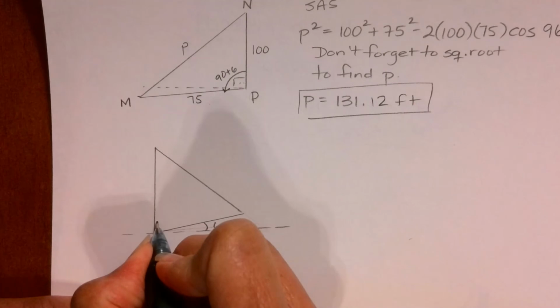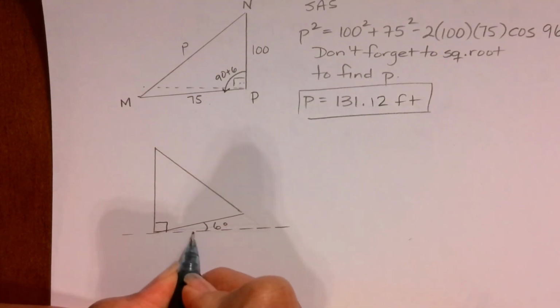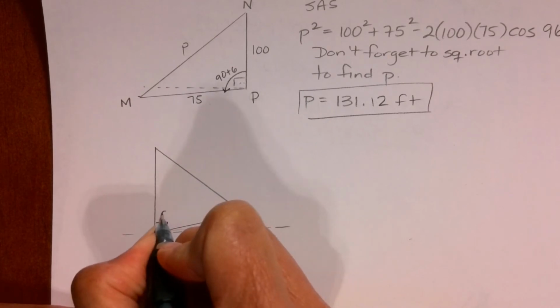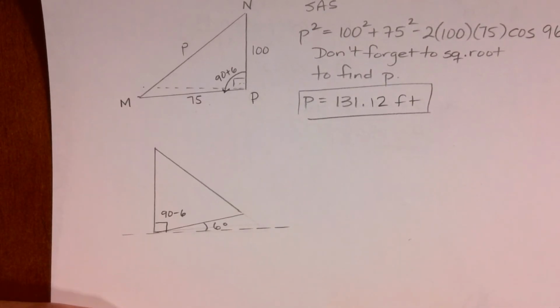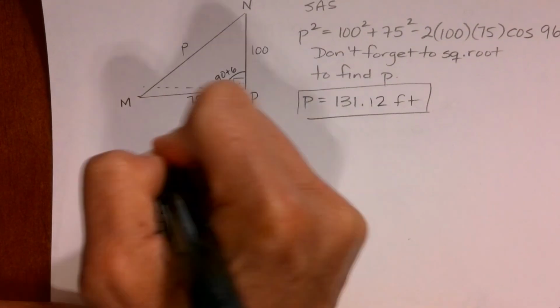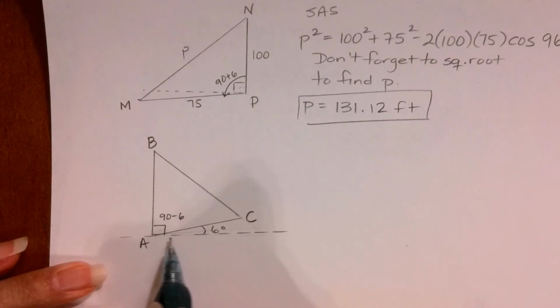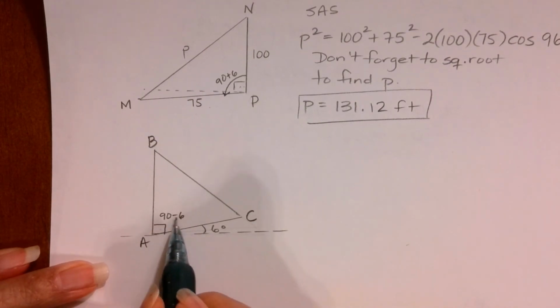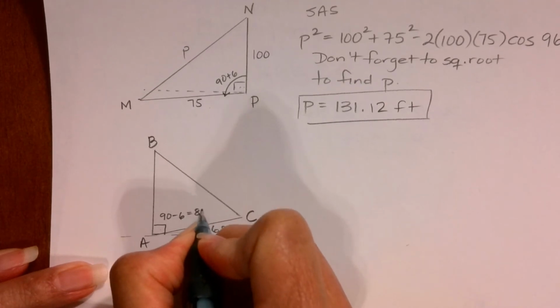So now my 90 degrees that once was, has lost this piece. So instead now it's 90 minus 6. Okay, so let's call this triangle ABC. Angle A is 90 minus 6, which in this case would be 84 degrees.